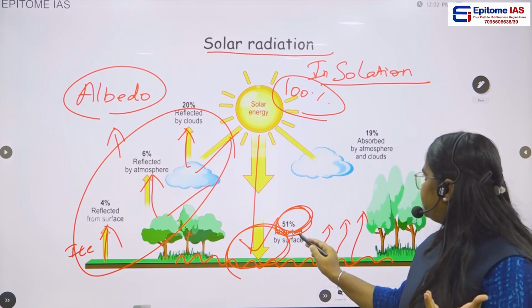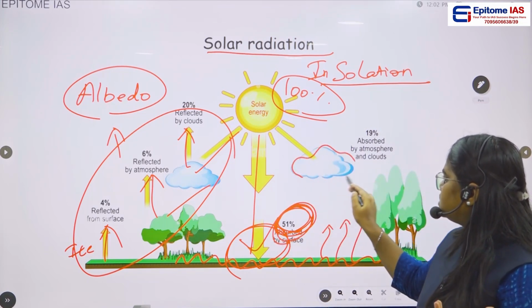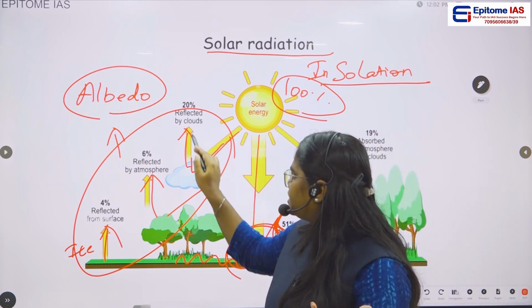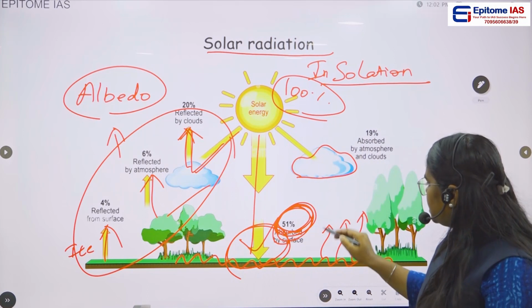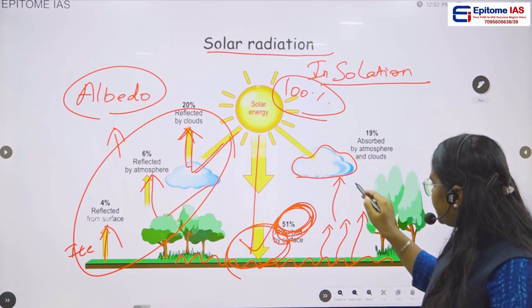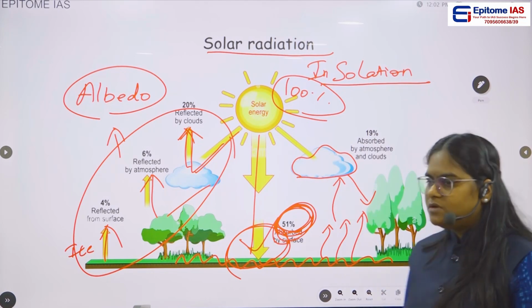And out of this 51 percentage, again if you see these clouds, they not only reflect back the incoming solar radiation, these clouds will also reflect back the terrestrial radiation towards the surface of earth.